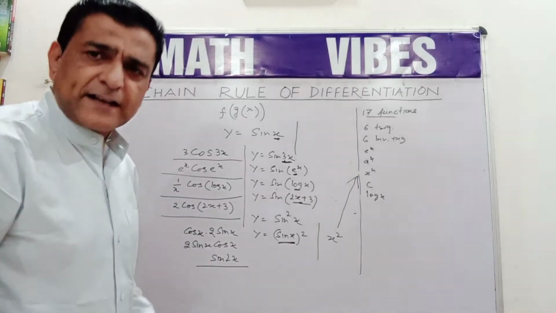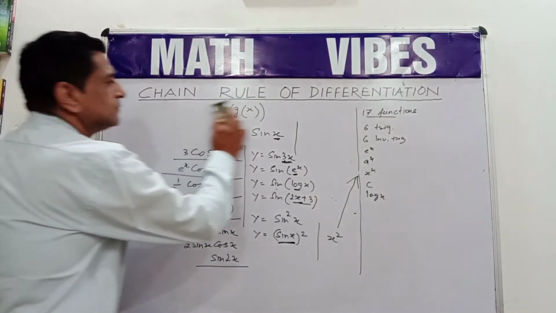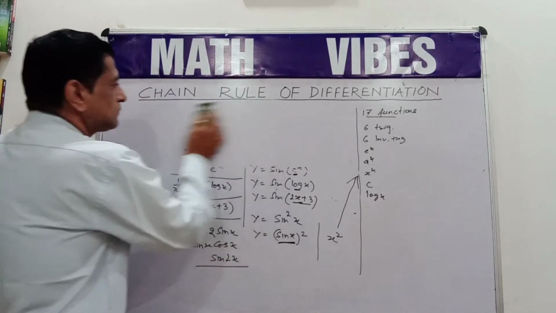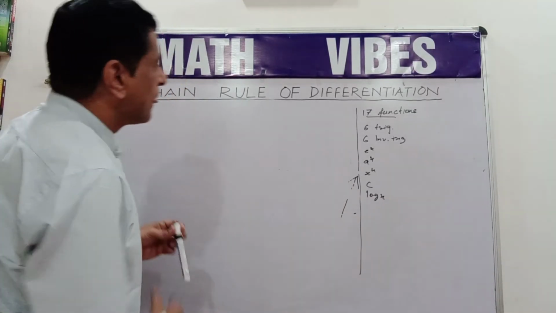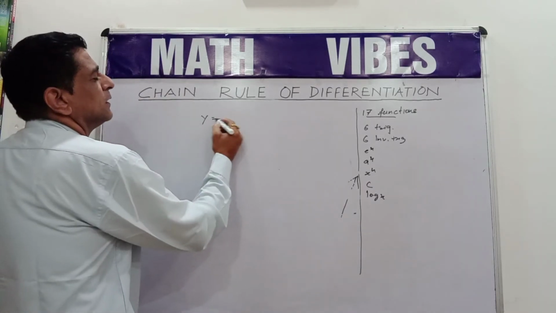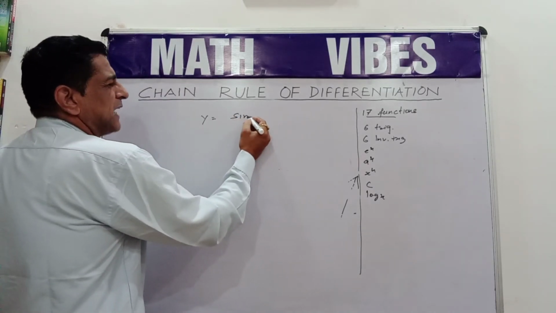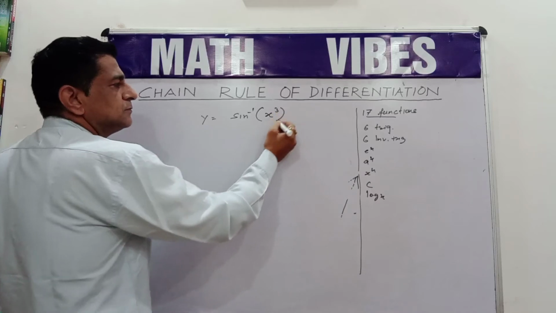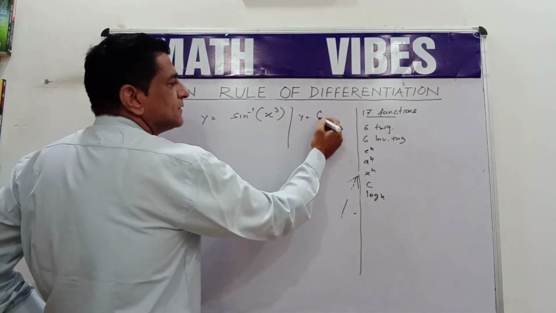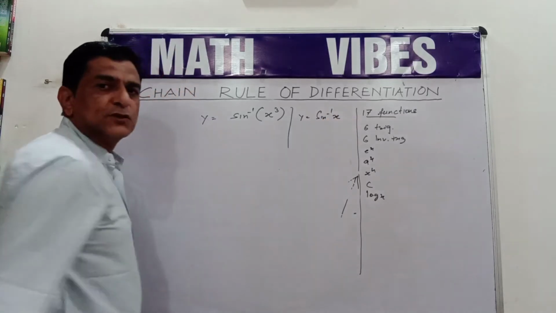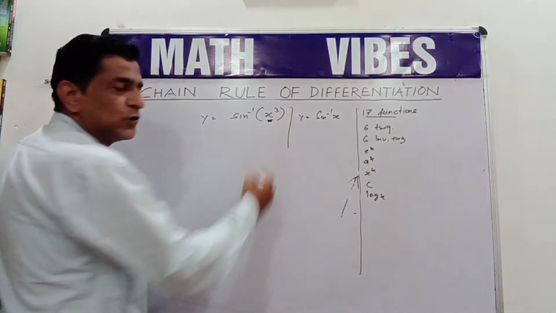Now let's have an example from inverse trigonometric functions. Suppose I have sin inverse of x cube. Now the basic function is sin inverse x. So in place of x we have x cube.